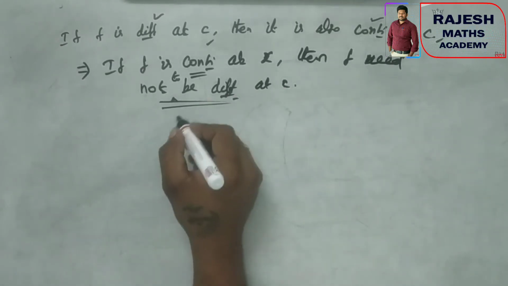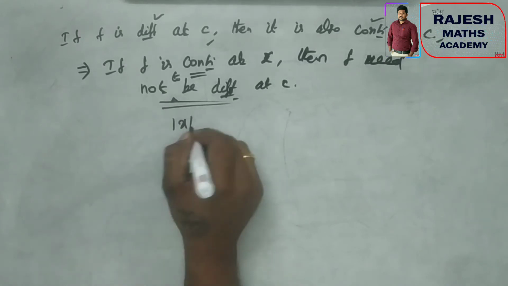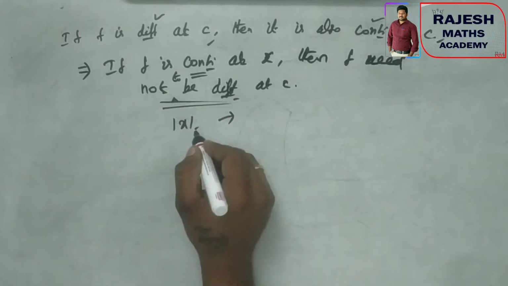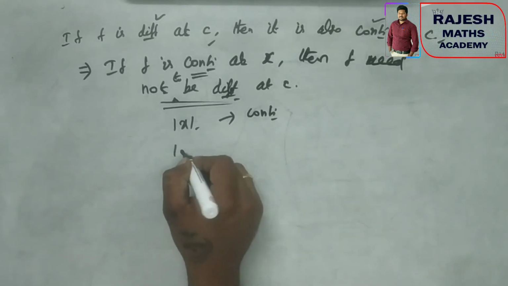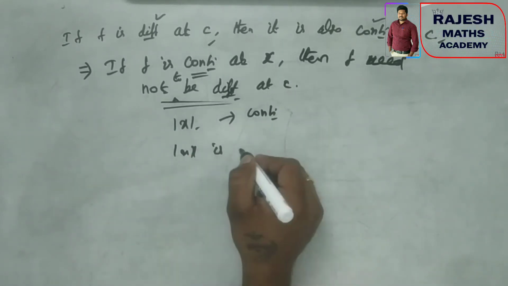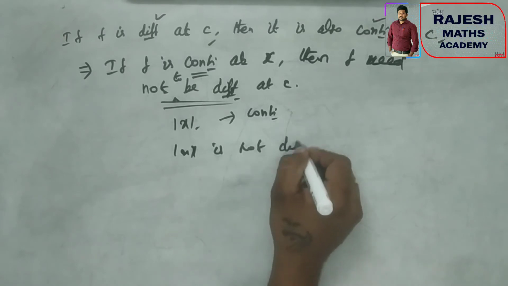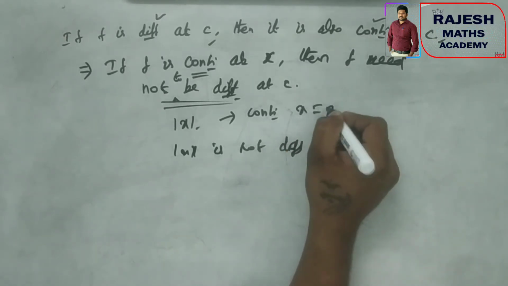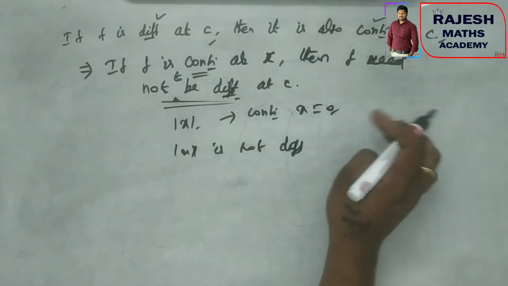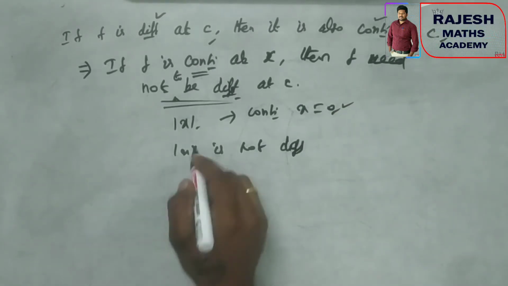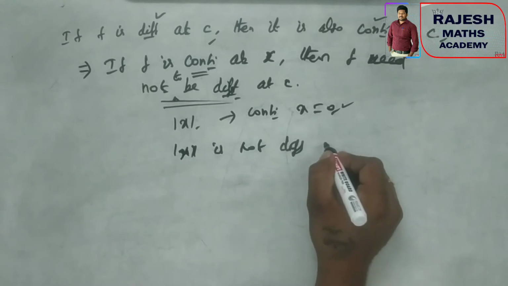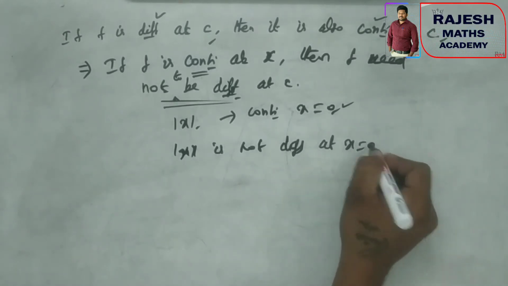For example, we can give the modulus function. Modulus of x is a continuous function, everywhere continuous, and particularly at x equal to 0 it is continuous. But modulus of x is not differentiable at x equal to 0.